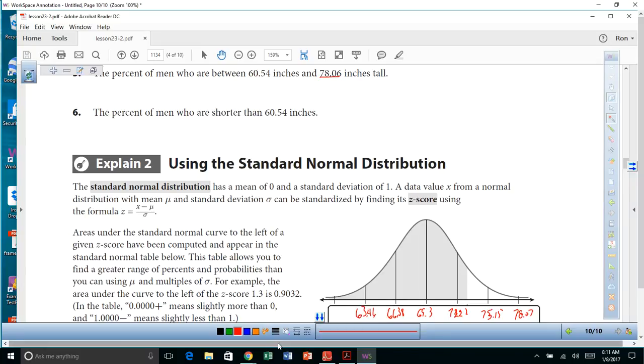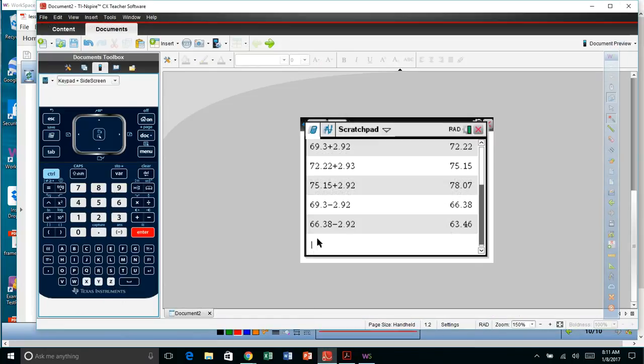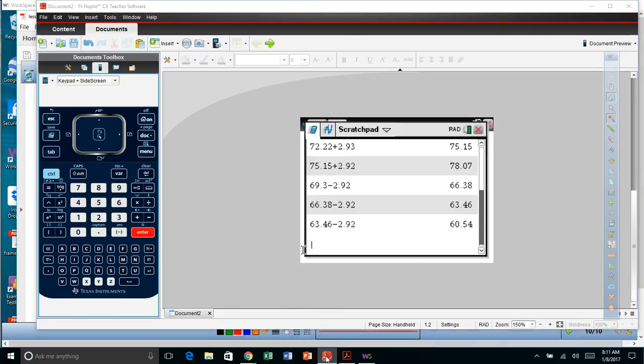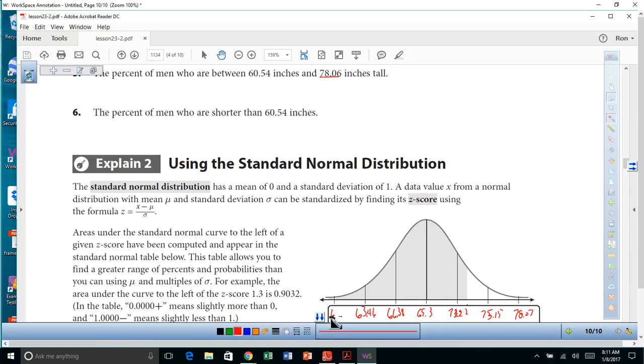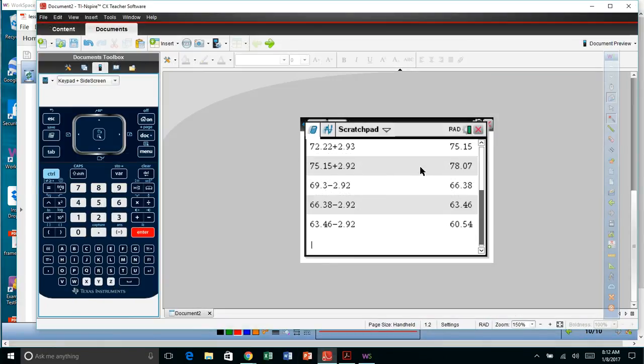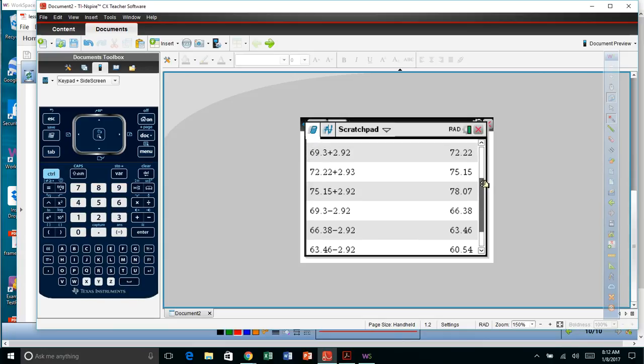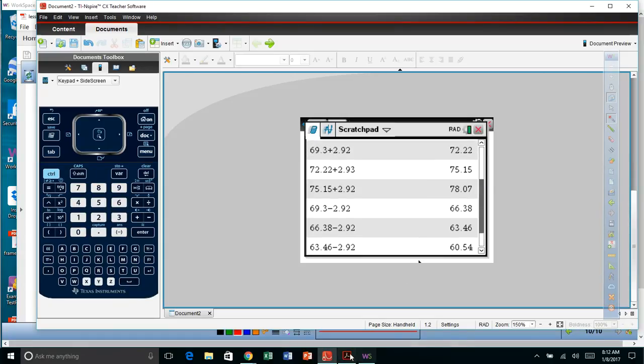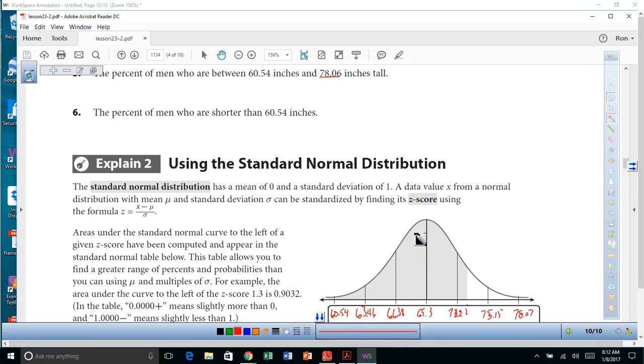And we'll subtract minus 2.92, and that's 60.54. All right. So there it is.